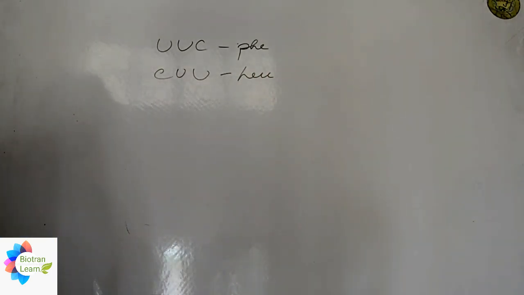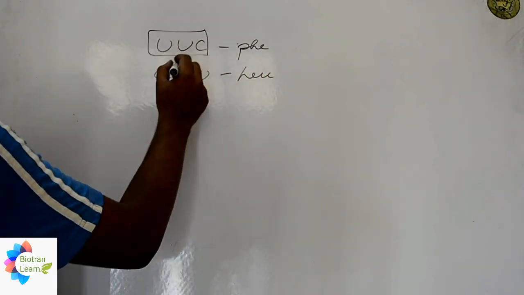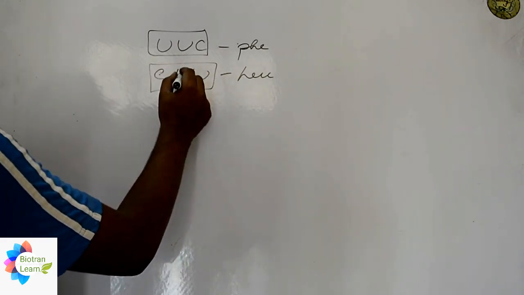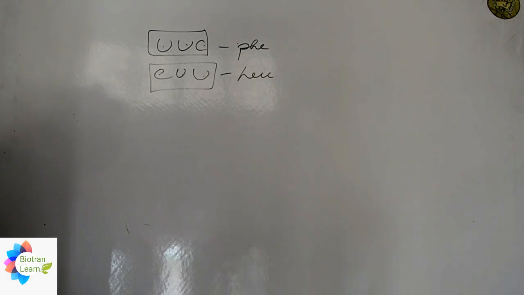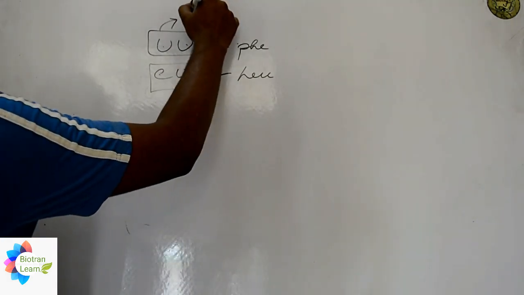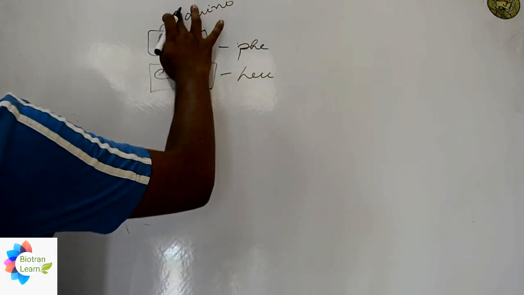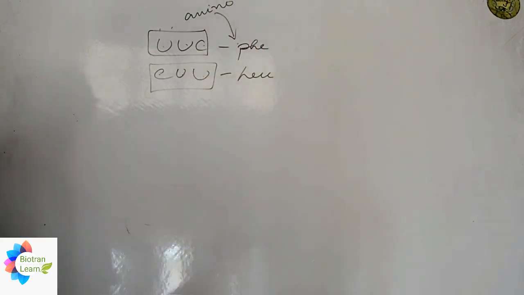So every codon, depending on the sequence of these bases, will have a particular amino acid. A particular amino acid sequence will be there, right?